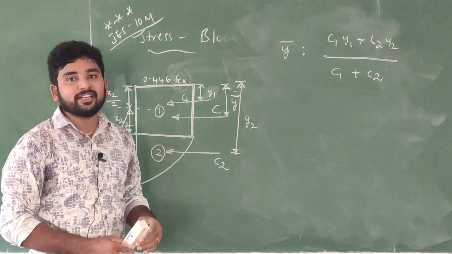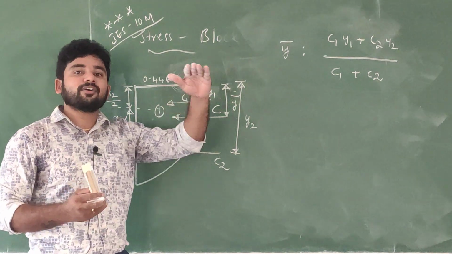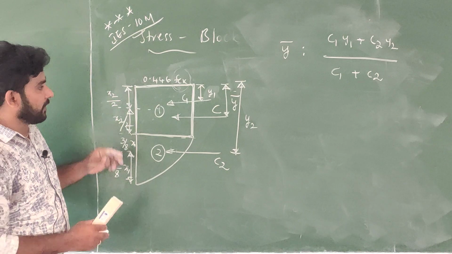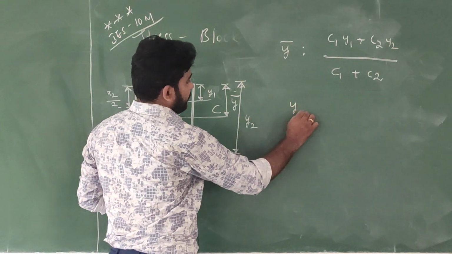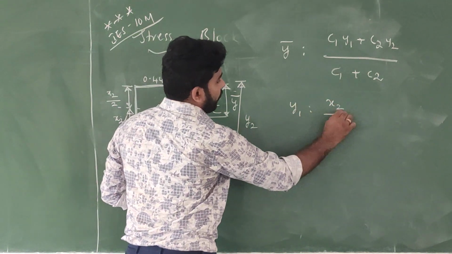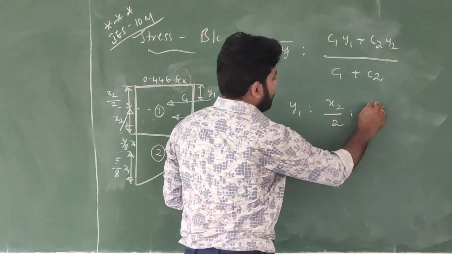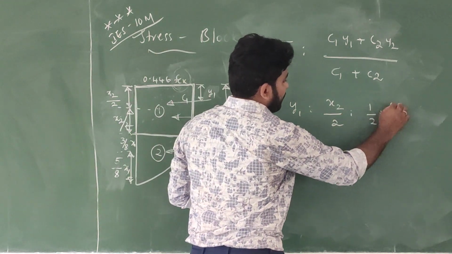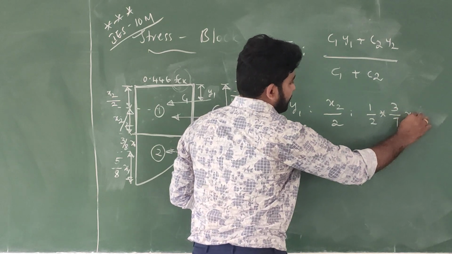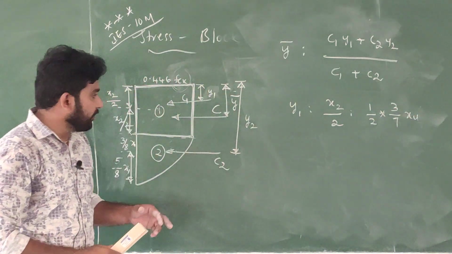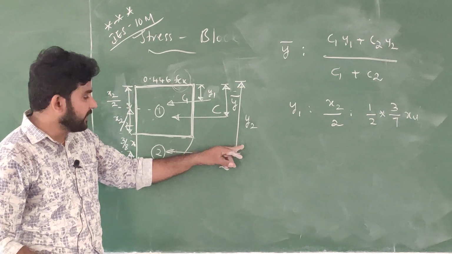Where will the centroid lie for a rectangle? Half of the portion, so y1 equals half of what? x2 by 2. Already we know x2, so 1/2 into 3/7 xu.